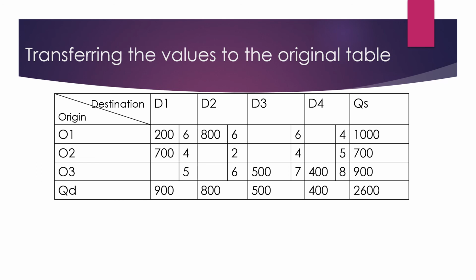Now, when I have substituted the values to the original table, the next step is I have to calculate the profit. The maximum profit I have undertaken by allocating to this particular allocation is rupees 15,500.